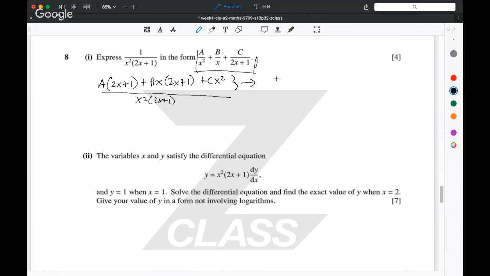And this gives me, for powers of x squared, I have 2b and c. And then for x, I have the 2a plus b. And then for a single number, I only have a.